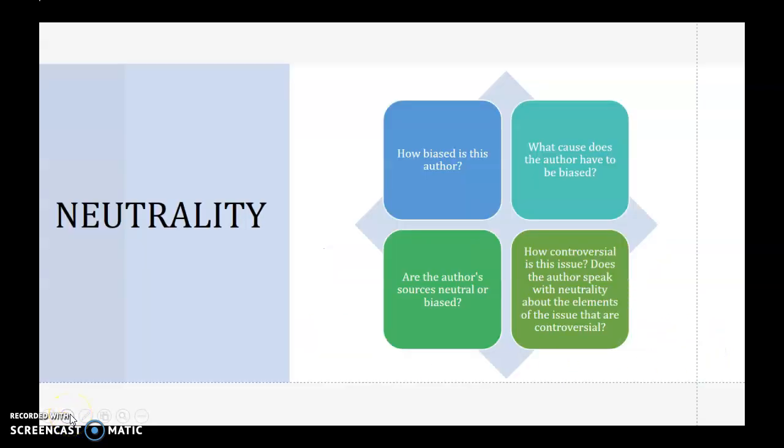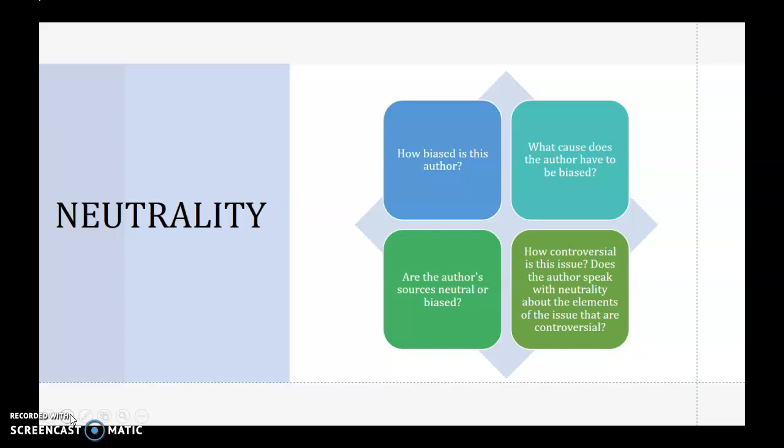And then the N stands for neutrality. This really connects to the bias. Does this author have any cause to be biased? Can he be neutral? Can she maintain that neutrality in the face of controversial claims? Are her sources biased?